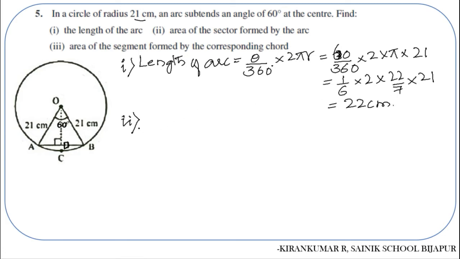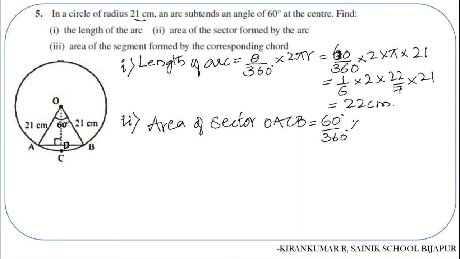Second one we need to find is the area of sector OACB. It will be 60 upon 360 multiplied to pi r square, which is 22 by 7 into 21 into 21. So you get 1 upon 6 multiplied to 22 by 7 into 21 into 21.